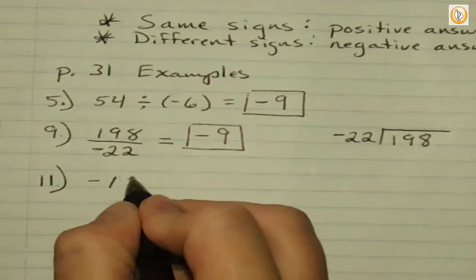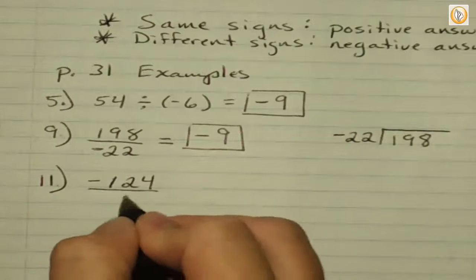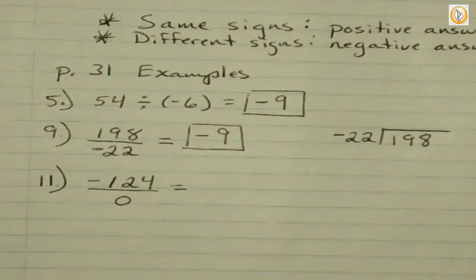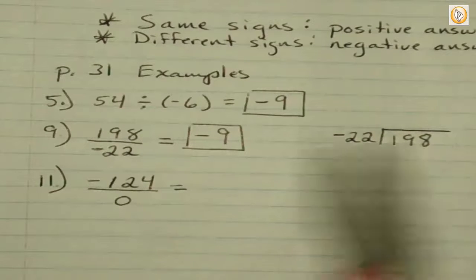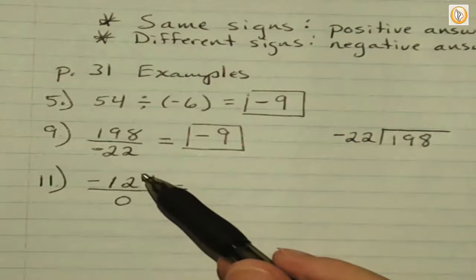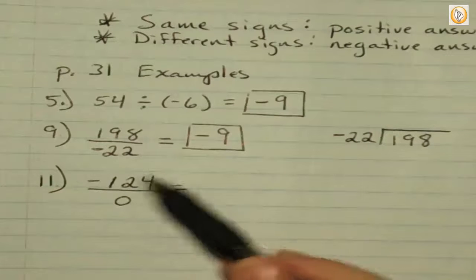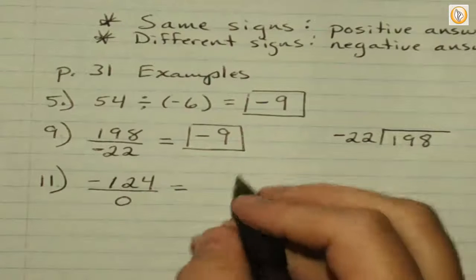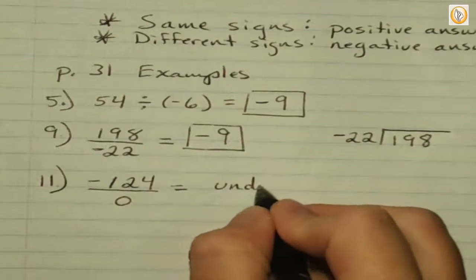Negative 124 divided by 0. Anytime when dealing with rational numbers, you have a number divided by 0, the answer is undefined.